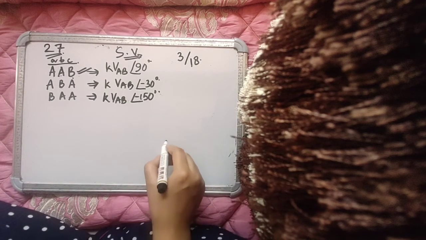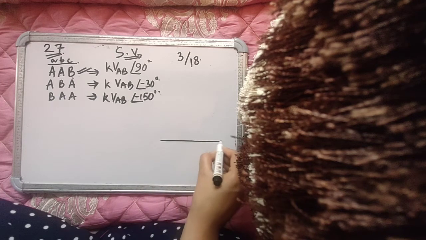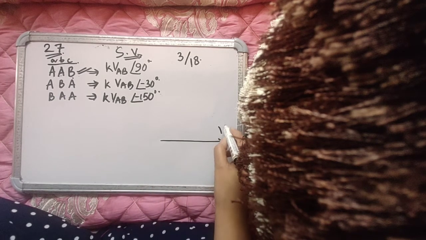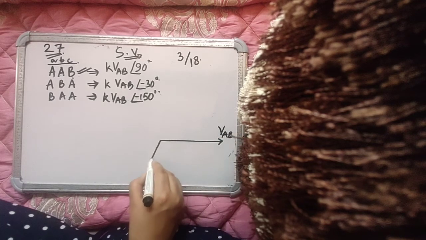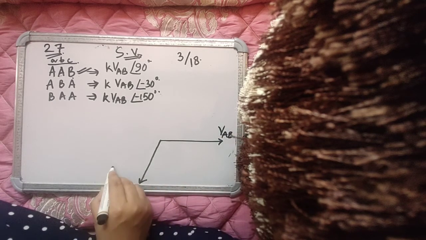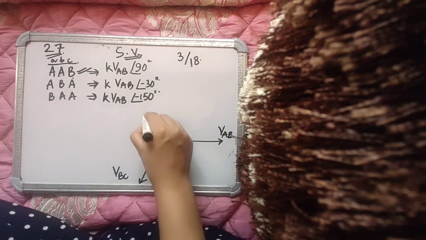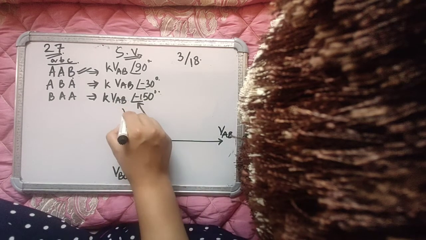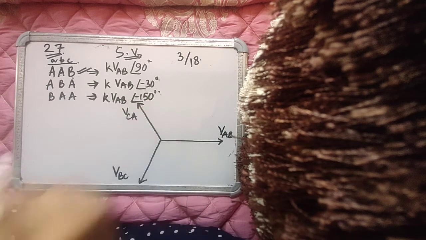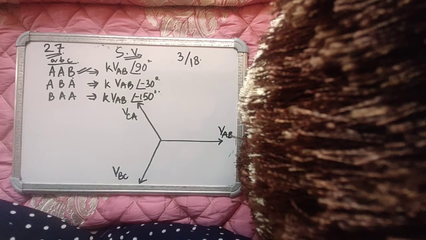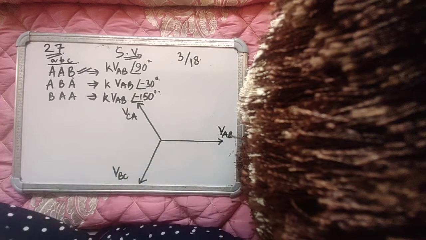If I check the input phase voltages, the input phase voltages are line voltages, they are VAB. At 120 degrees lagging, there will be another phase voltage VBC, and then there will be another phase voltage VCA, right? So there will be 3 phase voltages, each 120 degrees apart.